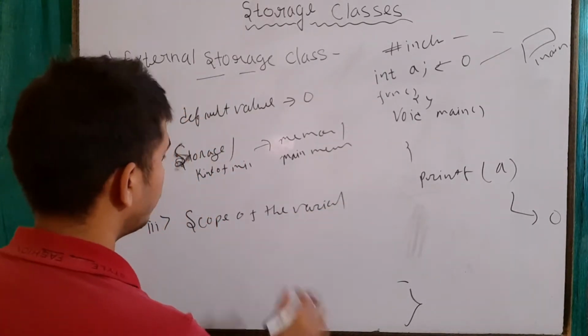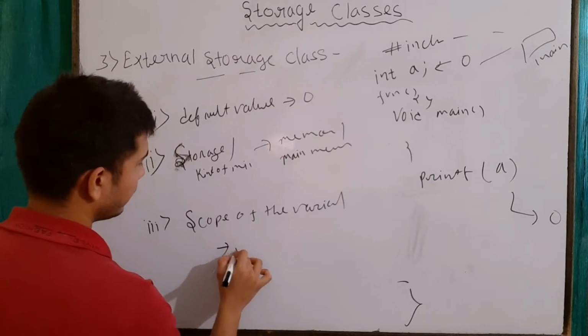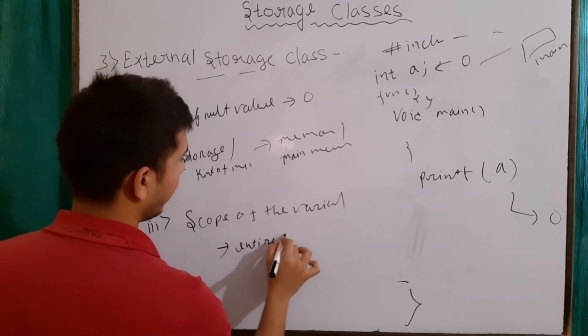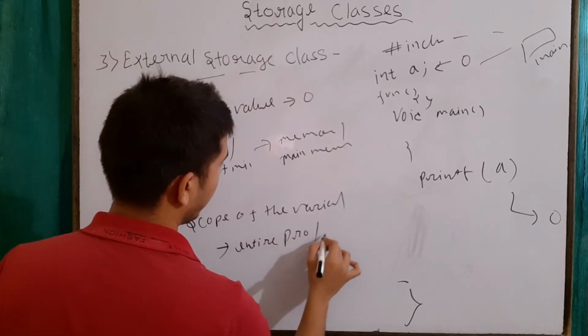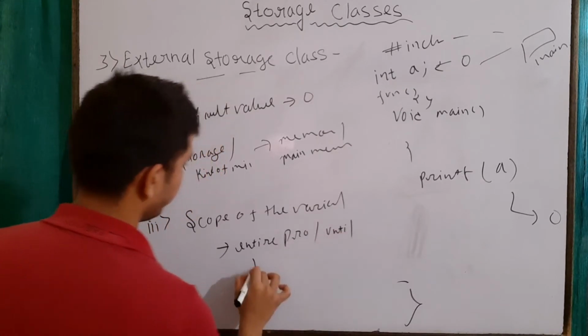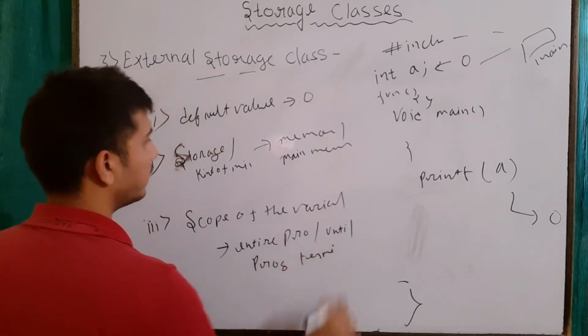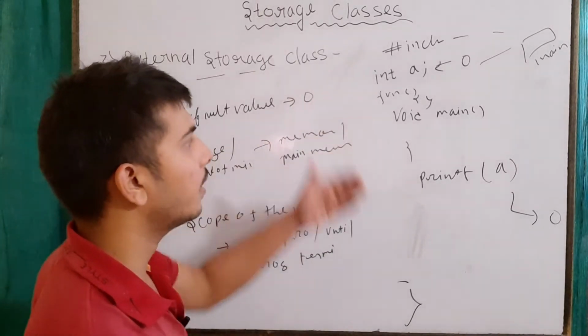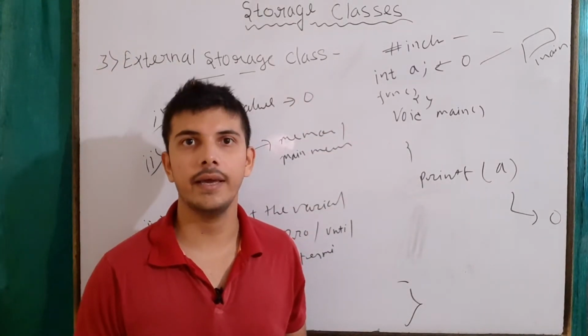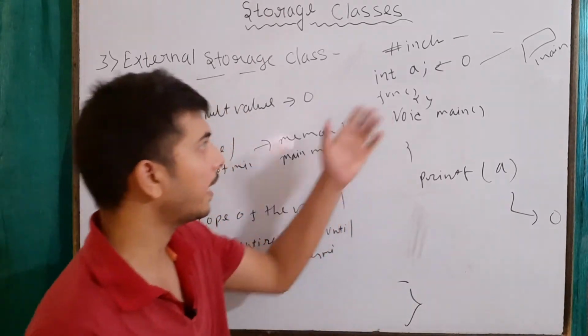The scope of the variable is, we can say, the entire program or until the program terminates. It means that until the program is running, the scope is valid and it can be accessed.